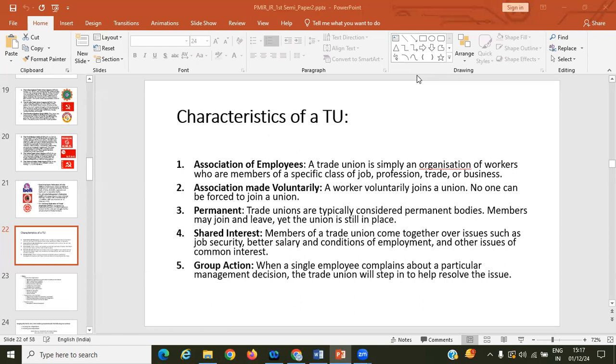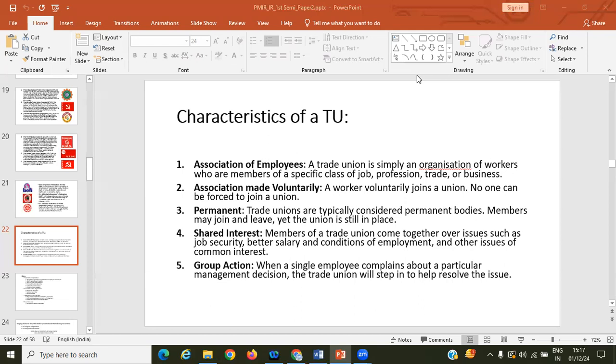That means if a person is leaving the union, resigning from the union, that doesn't mean that the union is stopped.